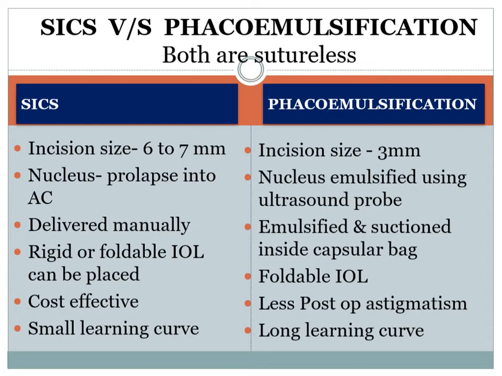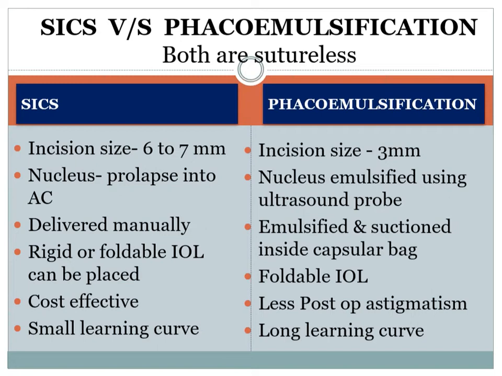Okay. Similarly, if you try to suture the wound, you are going to get more astigmatism because while suturing you will be pulling, isn't it? When you are pulling, you are making the cornea more flat in that particular meridian. So that's why all these sutureless surgeries, be it SICS or phaco, they have a lesser incidence of postoperative astigmatism.